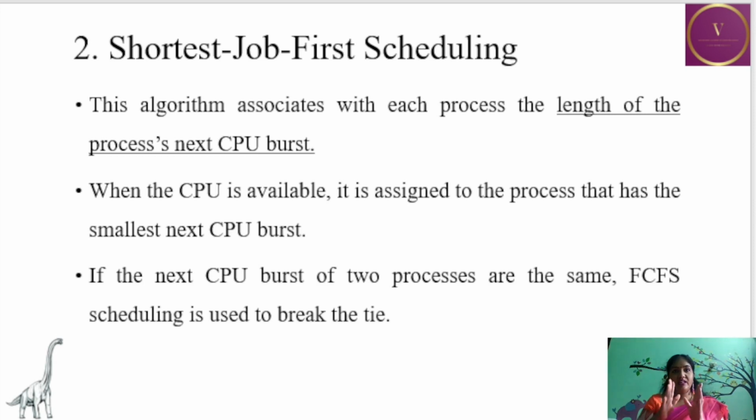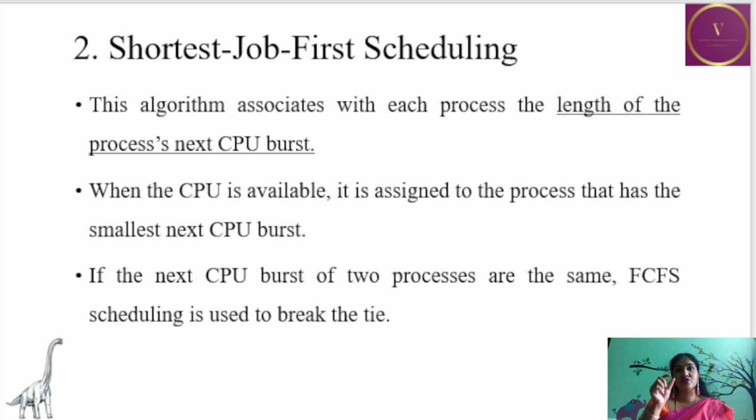In the lifespan of a process, it might require the CPU for a particular amount of time. Then it will go out of the CPU to do an IO operation. Then it will again come into the ready queue and wait for the CPU. In that queue, among the processes waiting for the CPU, it will judge which has the shortest next CPU burst and give preference to that process.